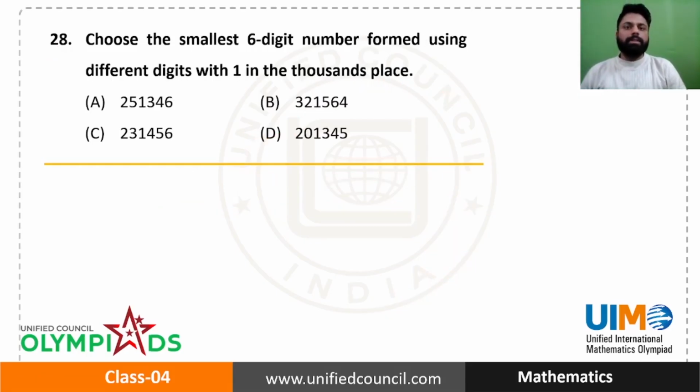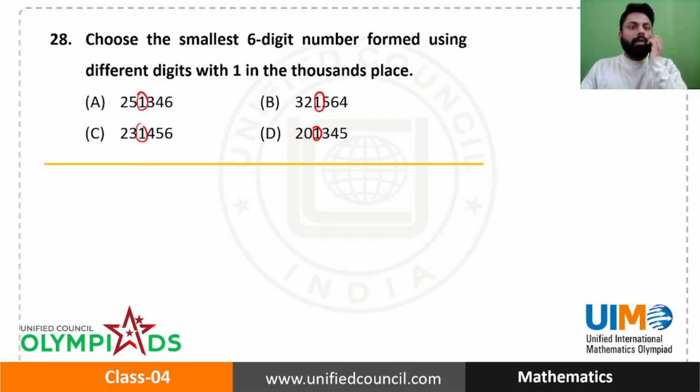Choose the smallest six-digit number formed using different digits with 1 in thousands place. So see, at the thousand place we are having 1 in all four of the options.